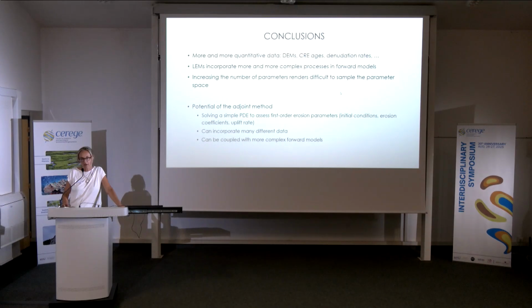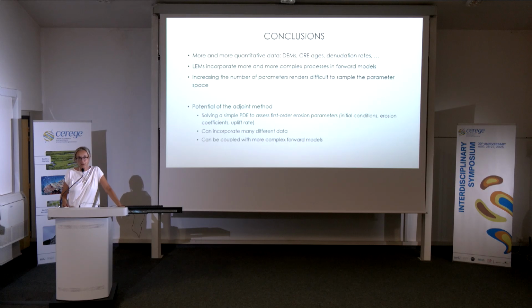So we have more and more quantitative data, which is very interesting, and we also have more and more complex processes in the landscape evolution models, which makes it difficult to sample the parameter space efficiently. Of course, we have to continue to do this. I'm not saying that it's not useful. It's very useful, precisely because it's complex.